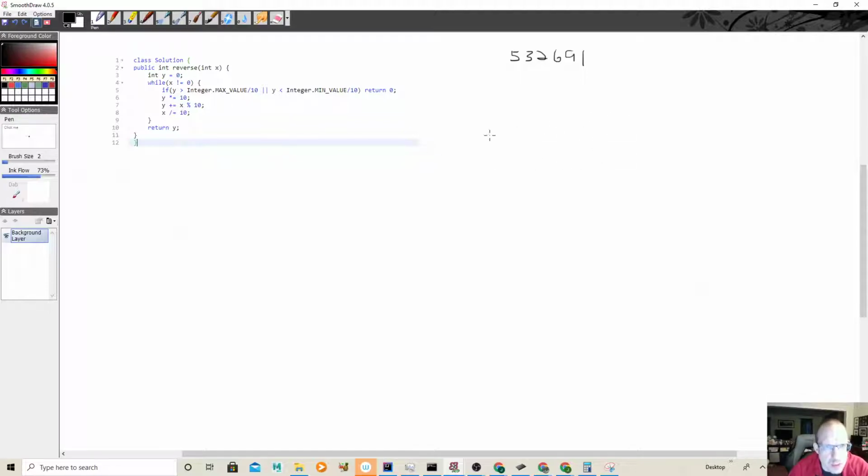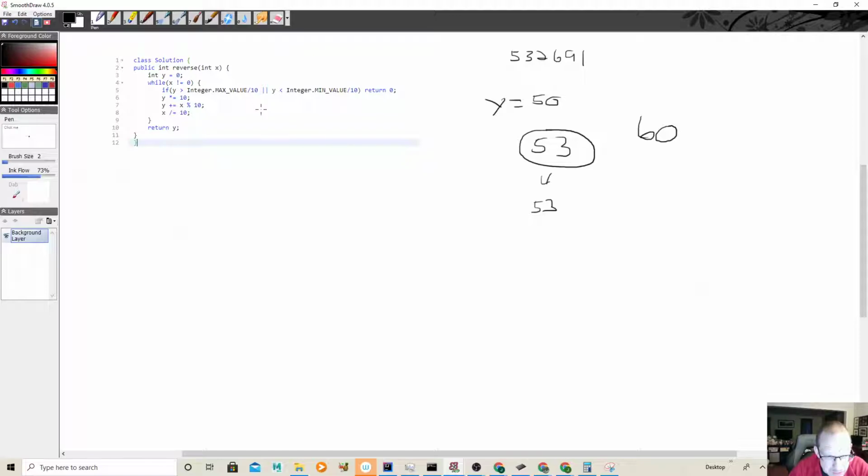Let's just do a quick example. Let's just say y was 53. And let's just say the max value of something that you could possibly put in an integer, just for example, is 60.